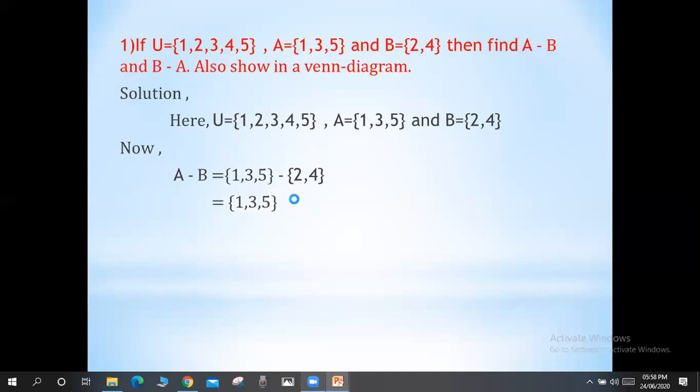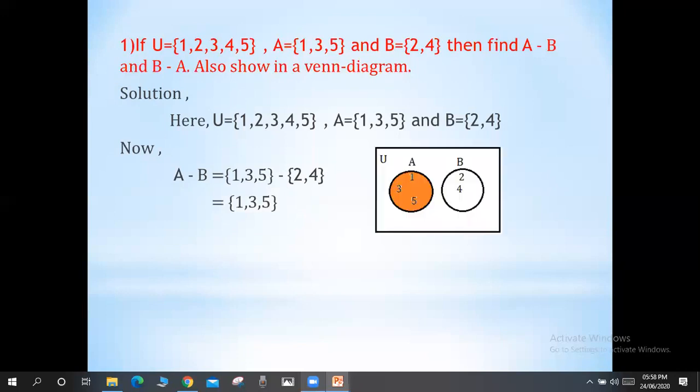Similarly, in the Venn diagram you can see that the circles are separated because A and B are disjoint sets, and the shaded part represents A minus B. A itself is A minus B because they are disjoint sets.